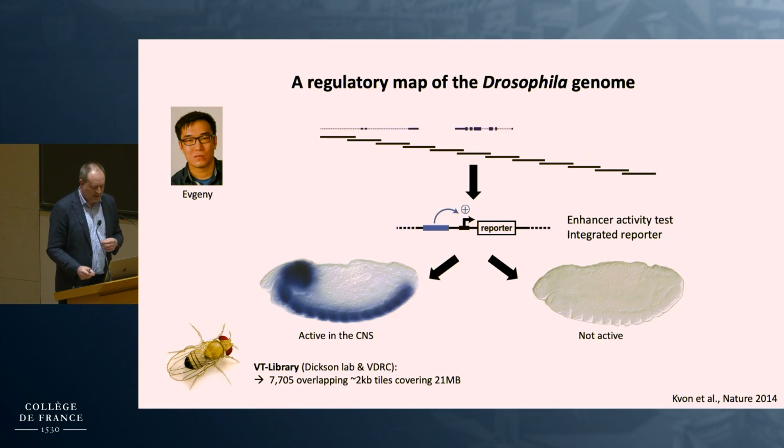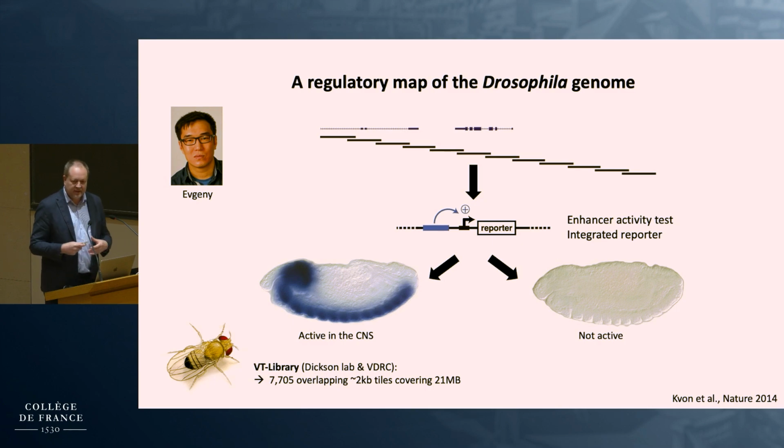And this was a huge task that Evgeny Kvon, the first PhD student in the lab, took on, again, almost 15 years ago by now, where in collaboration with the Barry Dickson lab, he cloned and tested more than 7,700 DNA sequences of about 2 kb that tiled a large part, about 21 megabases, of the Drosophila genome, and subjected each of these sequences individually to such reporter assays with a constant promoter and reporter integrated into a constant genomic landing site.